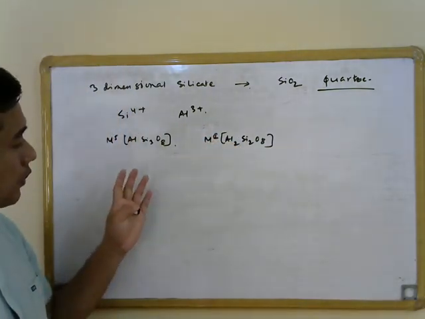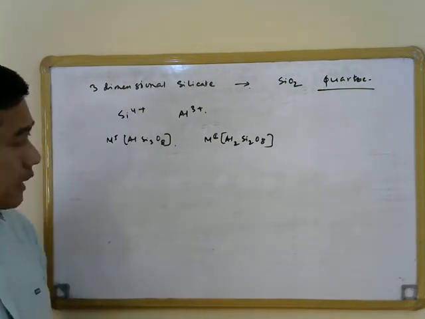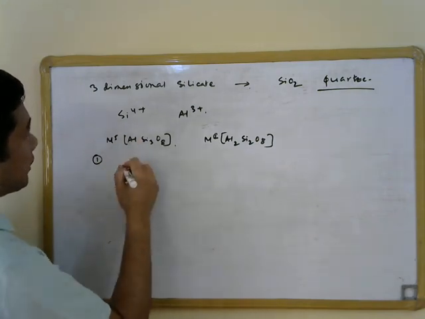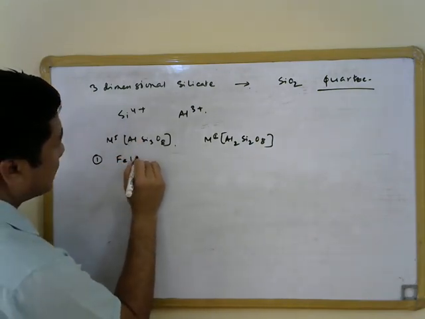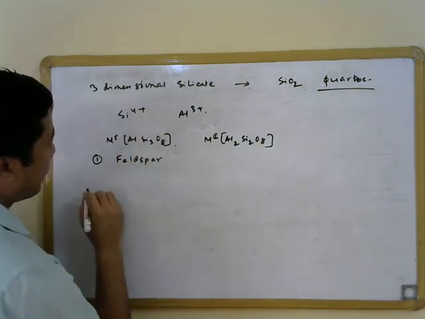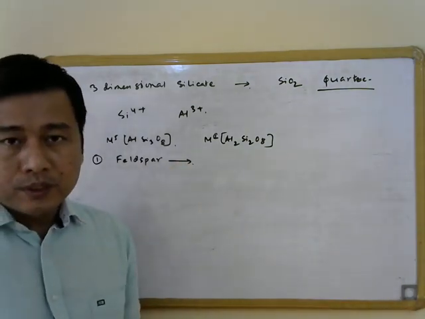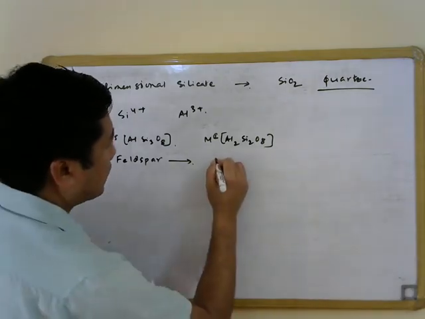So now for these sort of silicate minerals, there are three different types of silicate minerals, essentially having three-dimensional structure. The first one is feldspar, which are essentially part of these rocks.